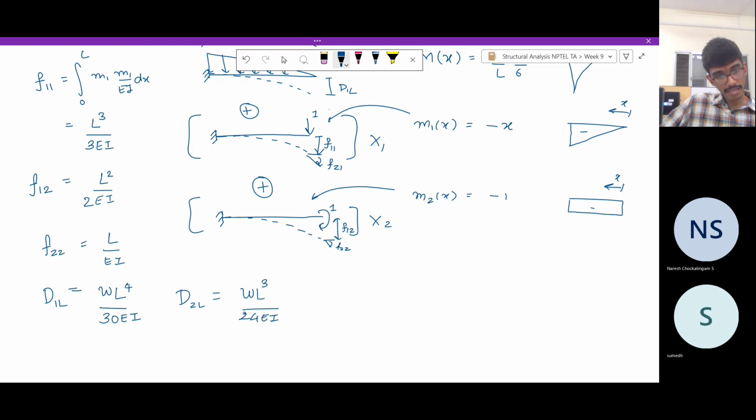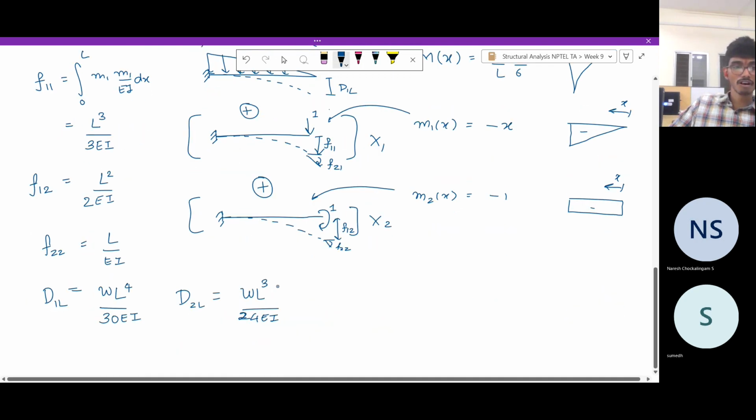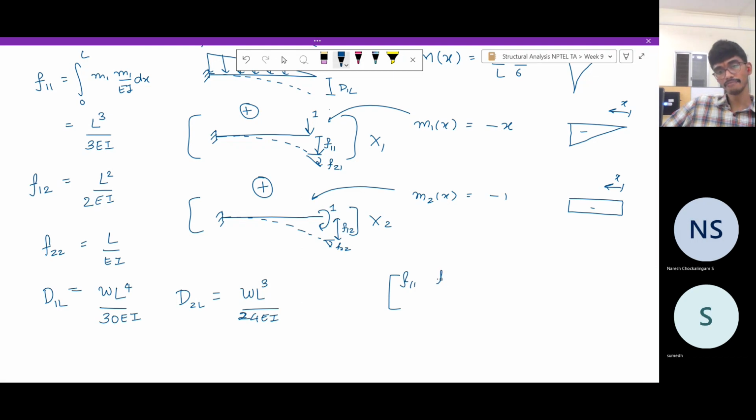Note that d2L is a rotation, so it has one length dimension less than d1L. So this is in meters, this is radians. Now you can easily solve for this. So set up this system: F11, F12, F21, F22, times x1, x2 is equal to minus d1L, d2L.